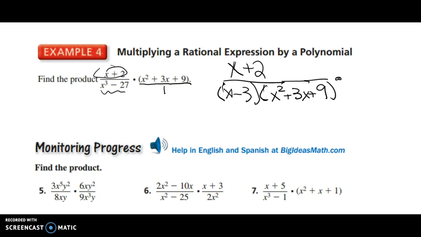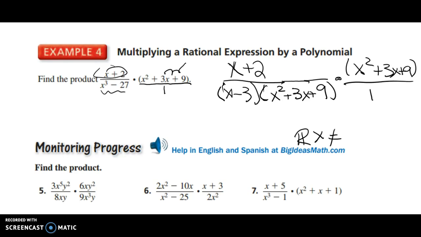The next numerator, there's no factors of 9 that add to 3, so it's not factorable, so I'm just going to recopy it. Now, before I start canceling, I should state the domain. That's going to be part of your answer. So it's all real except x can't equal 3, and since this one can't factor, that's it.